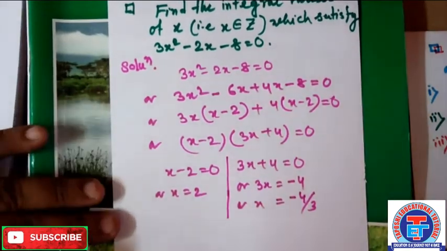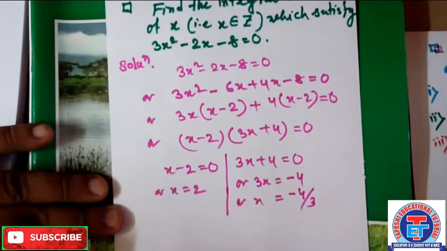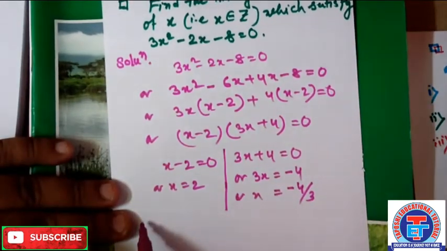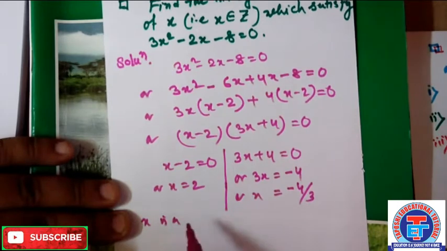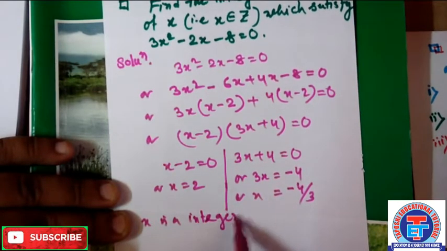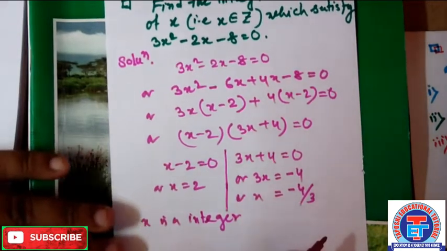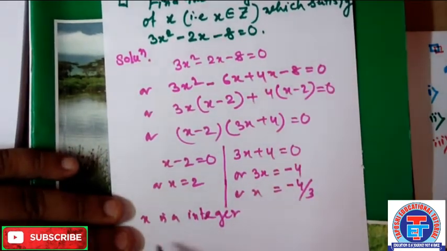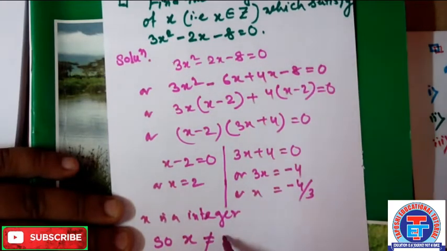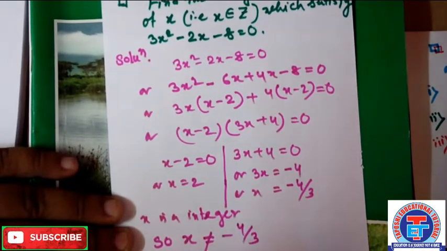Okay, but x is an integer, so here the condition is x is an integer. So from the equation, x is not equal to minus 4 by 3, right?